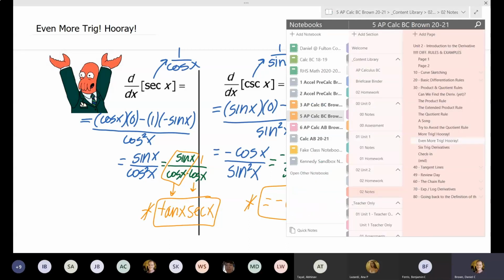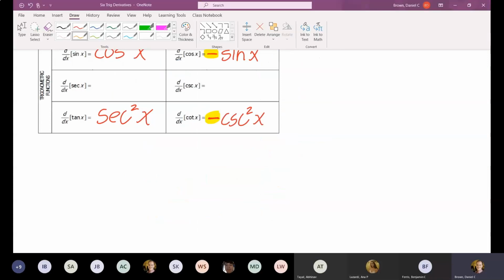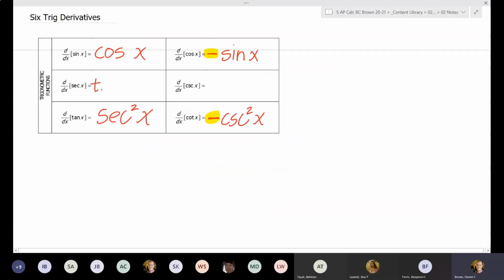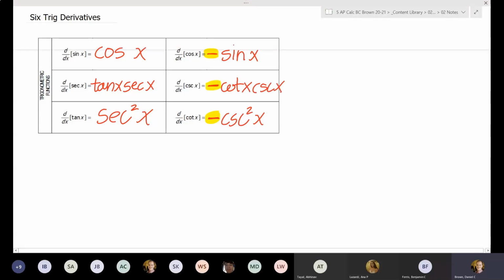So to finish filling out our 6 trig derivatives, the derivative of secant is the tangent of x times the secant of x, and that could be written as secant of x, tangent of x. That order doesn't matter because you're multiplying. And then cosecant is negative cotangent of x, cosecant of x. And again, this is the derivative of a co-trig function, so it ends up being negative.